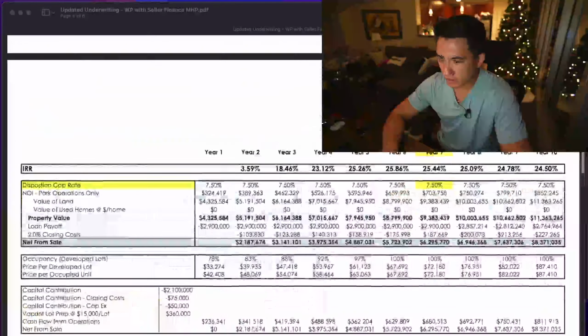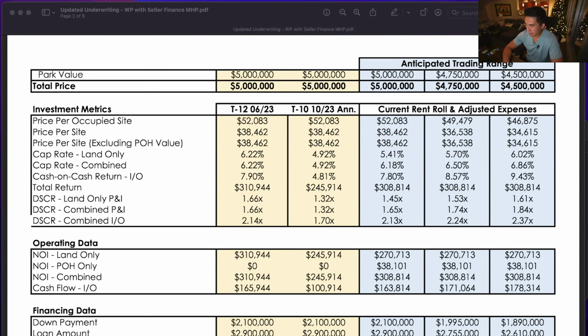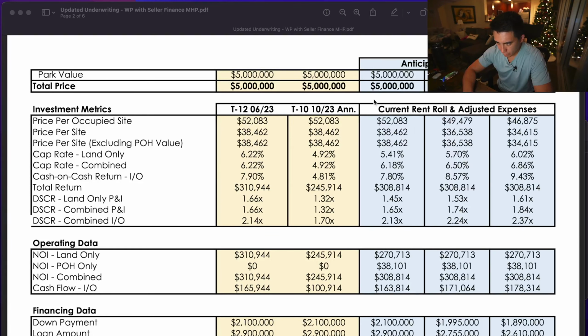You'll see here we have a whole 10-year internal rate of return model, the expenses, operations, things like that. To make this simple, here's the actual valuation page, and you'll see there's an anticipated trading range. Just bear with me, guys.